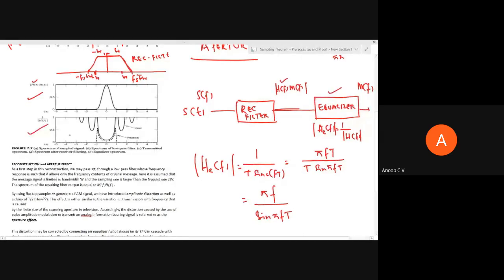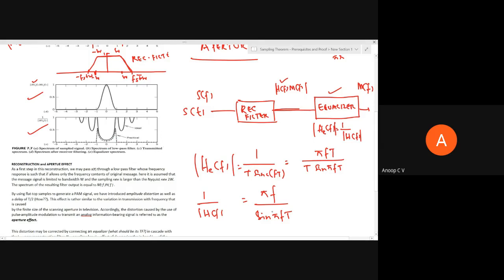That is what is shown here, that is 1 by H of f, 1 by mod of H of f. How to plot it is not rocket science. For f equal to 0, this becomes 0 by 0, but when you apply the limit, it will be equal to 0.